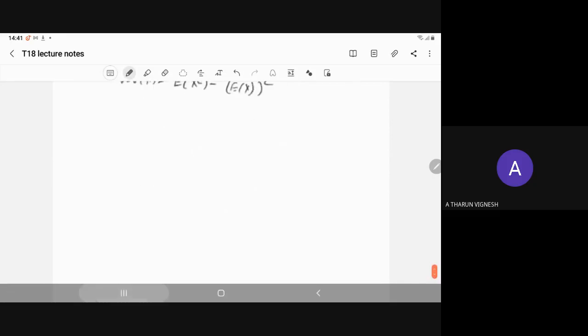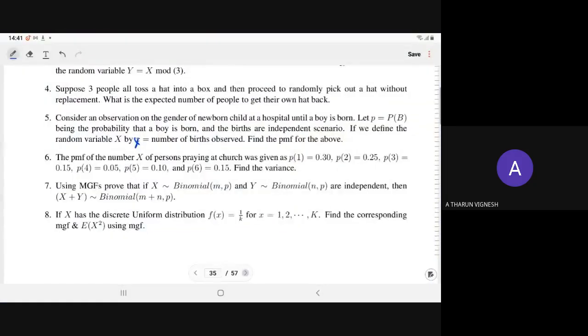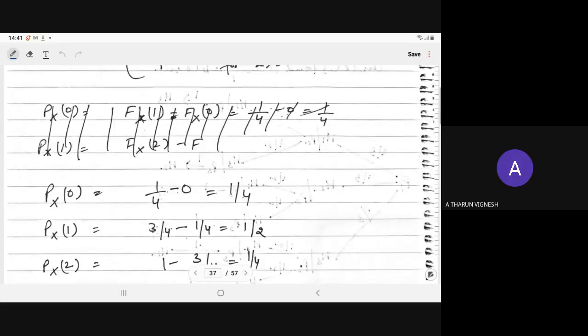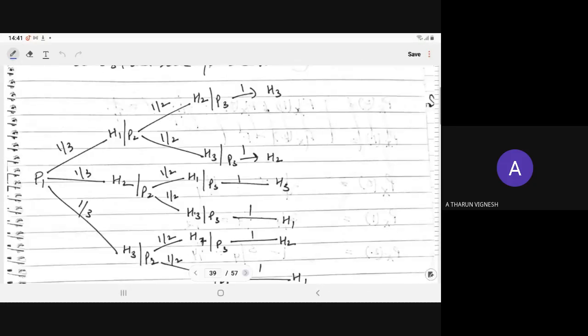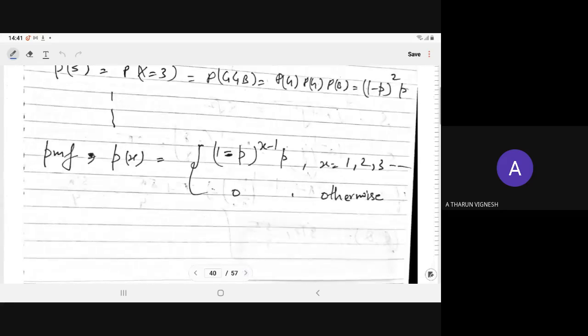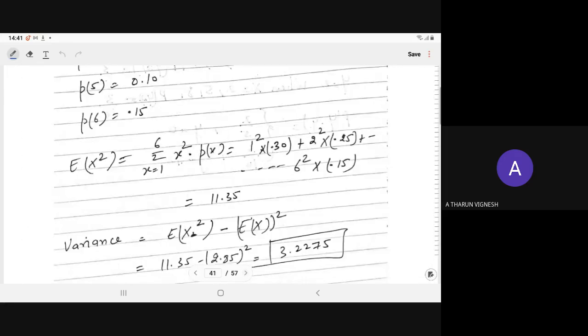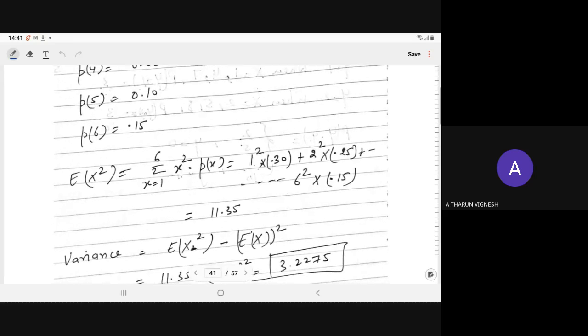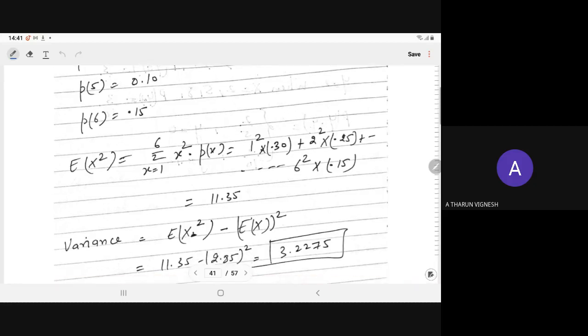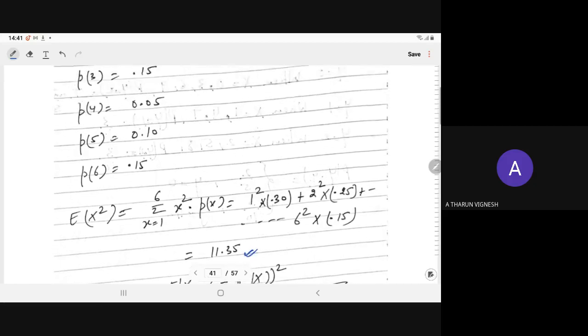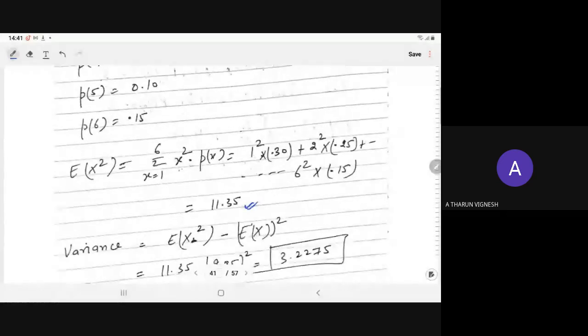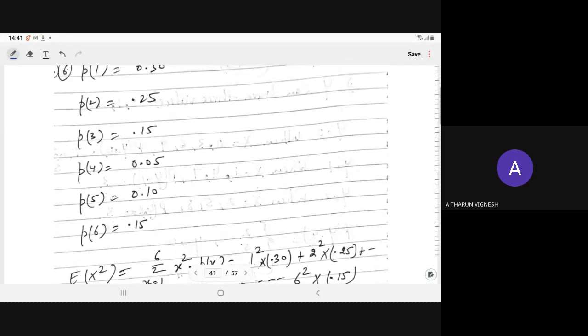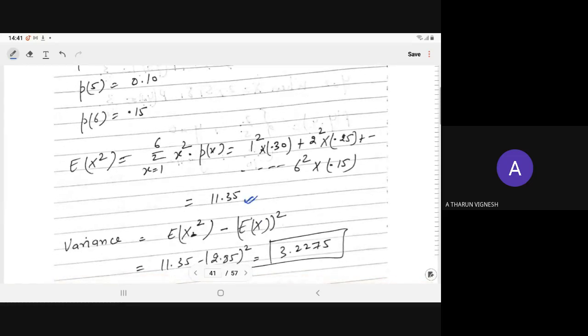So here E(X square) is coming as 11.35 and E(X) is 2.85.